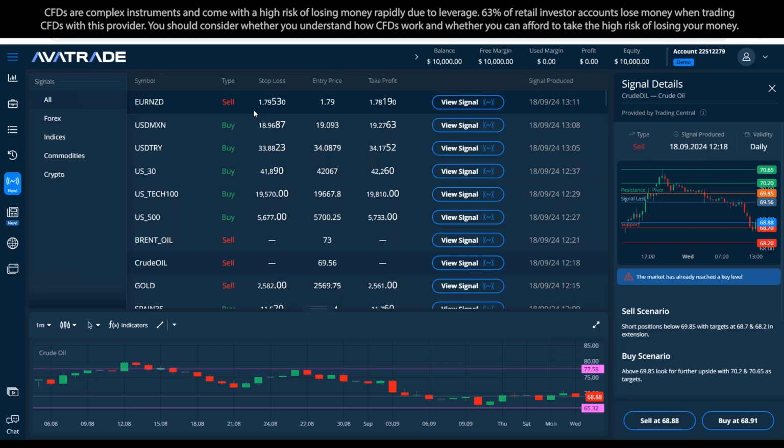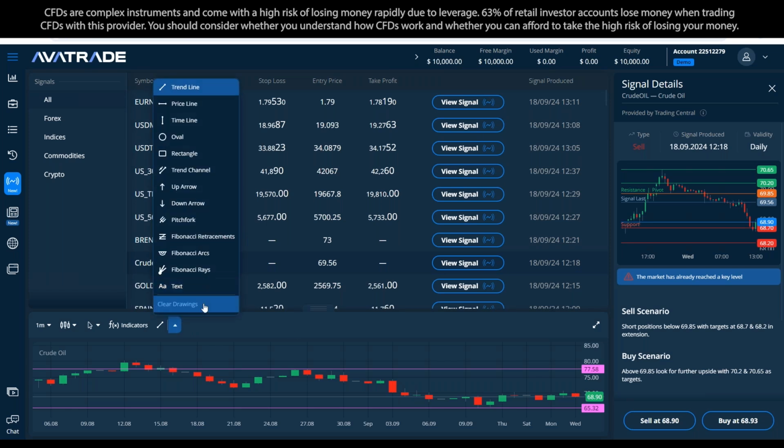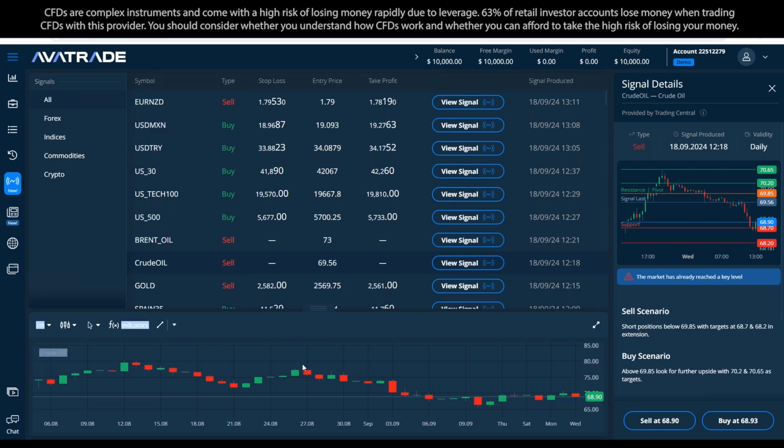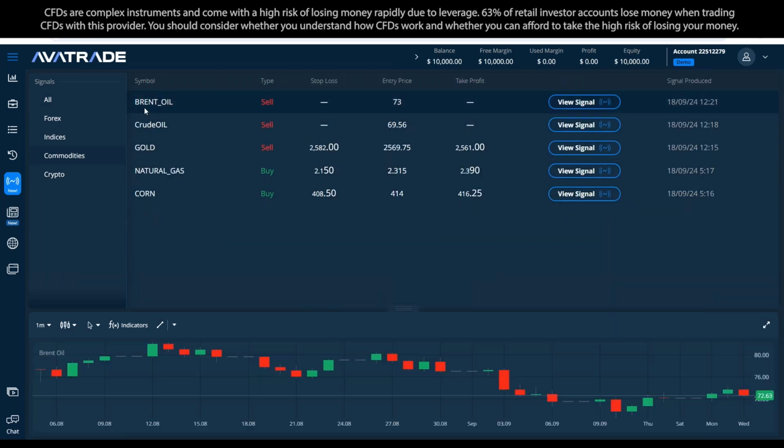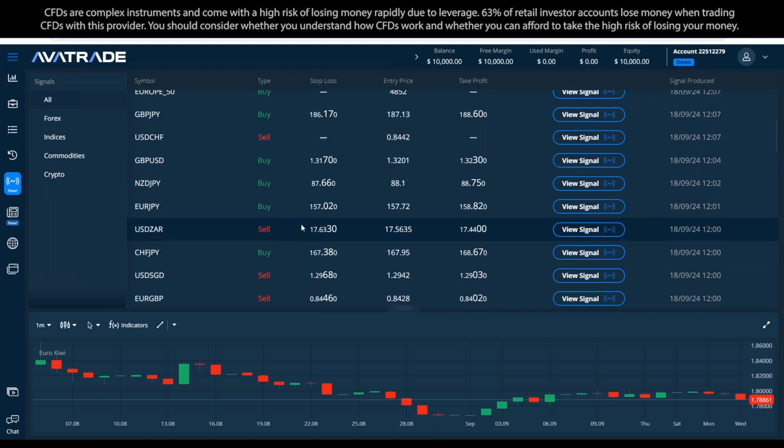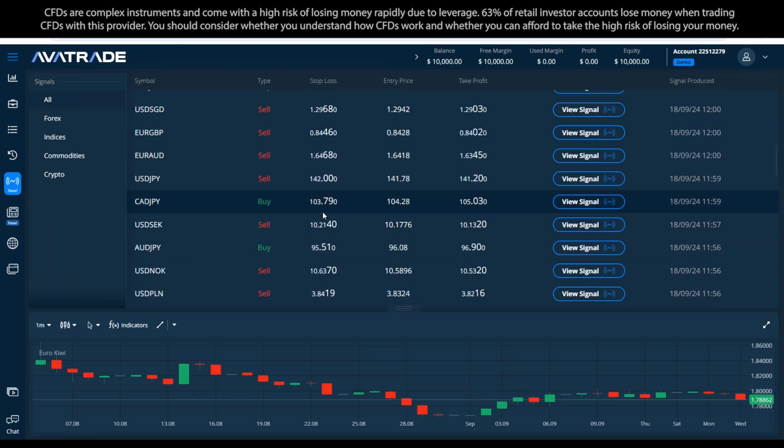The disadvantage, I don't know if to call it a disadvantage, but the problem is if I'm used to trading certain assets, the way for me to find them is either manually here through the categories, which is fine, or from the list outside, all, and then I can just go through. But it's not the most convenient way.